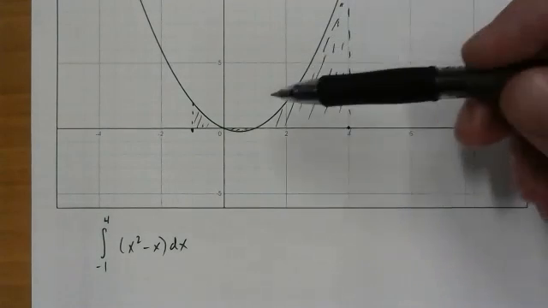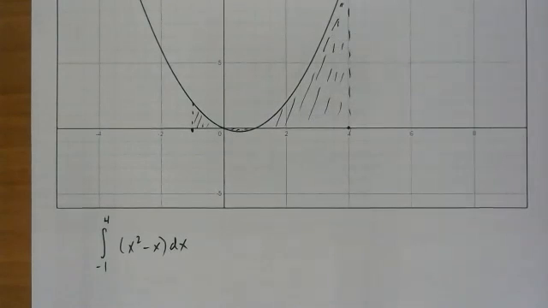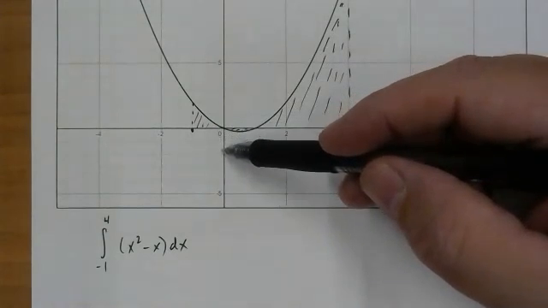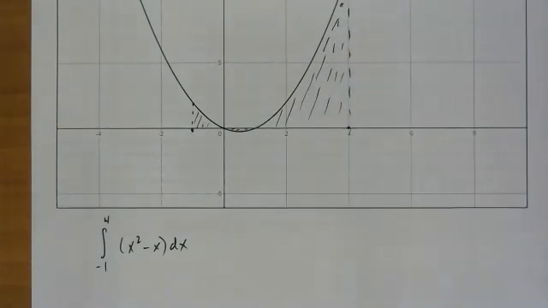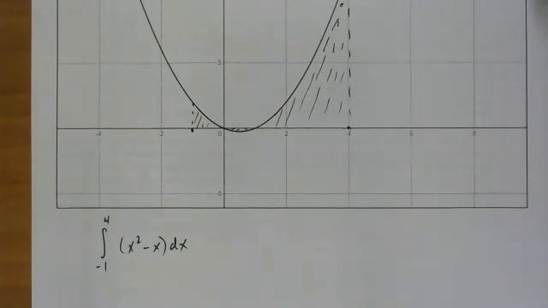So if you have any area beneath the x-axis, we consider that negative. It's almost like, when you go below the x-axis, your values of y are negative. Well, if we have any area beneath the x-axis, we consider that a negative area.